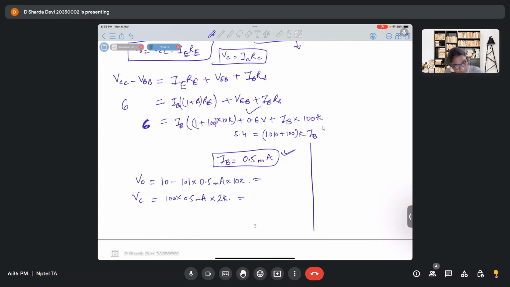V0 is minus 495. How much is V0 that we are getting? Minus 495. Yes.